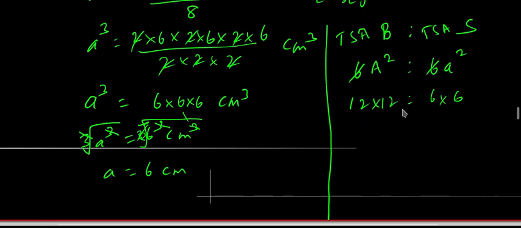Both are in centimeter, so centimeter square gets cancelled. This 6 will go 2 times. 2 2s are 4, and on this side 1. So the ratio of the surface areas of the big cube to the smaller cube is 4:1.